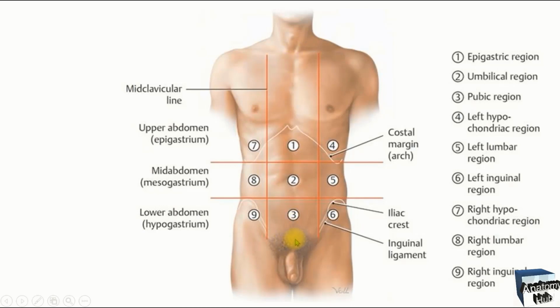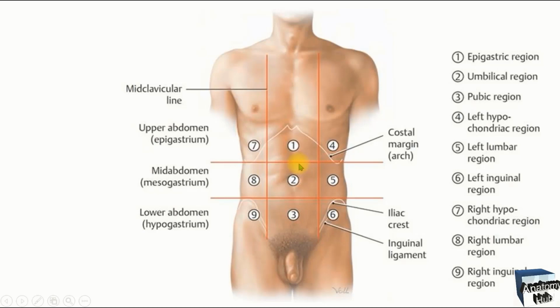In between these two, the halfway is your transpyloric line. And this line is useful in the horizontal plane, as it provides orientation to the internal anatomy of the abdomen that we'll see in our next picture.